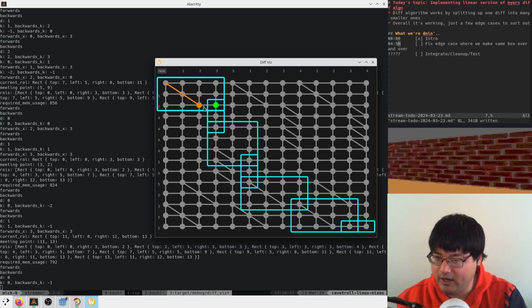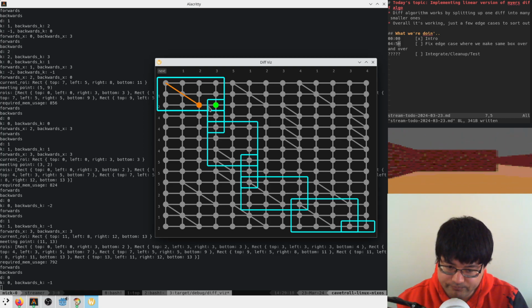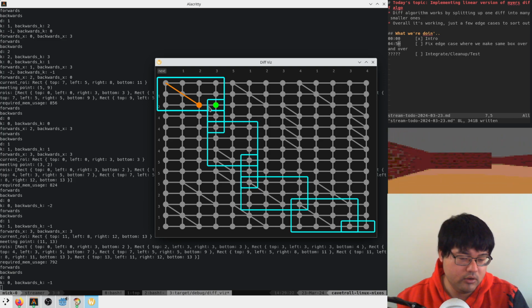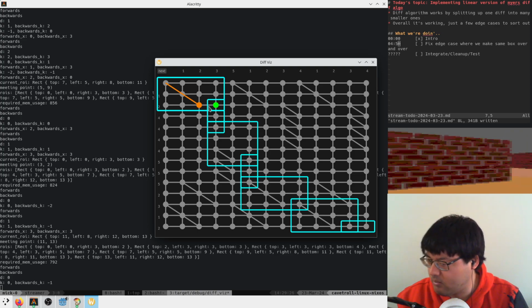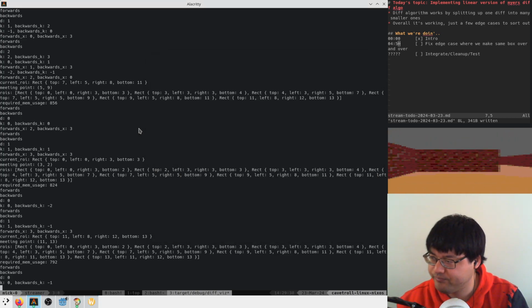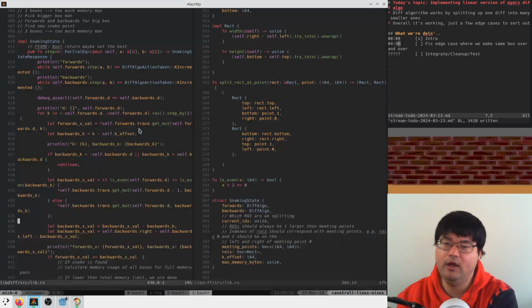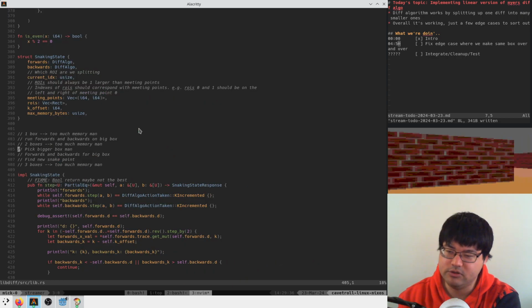So maybe we end one box here and start the next box here instead of having them overlap. But also, this doesn't have to be perfect, probably. We might be able to just get away with this behavior. Yeah, we could do that.